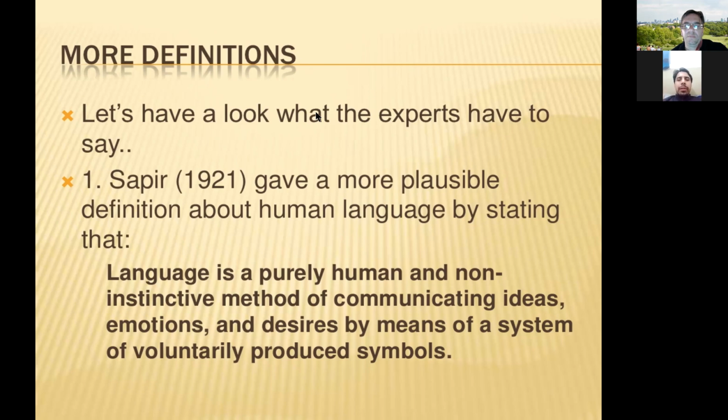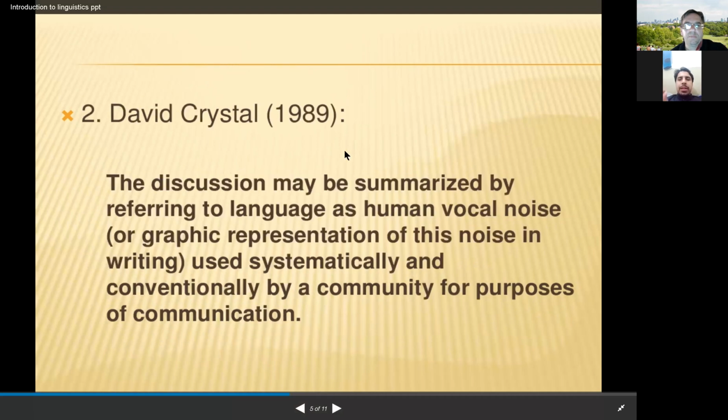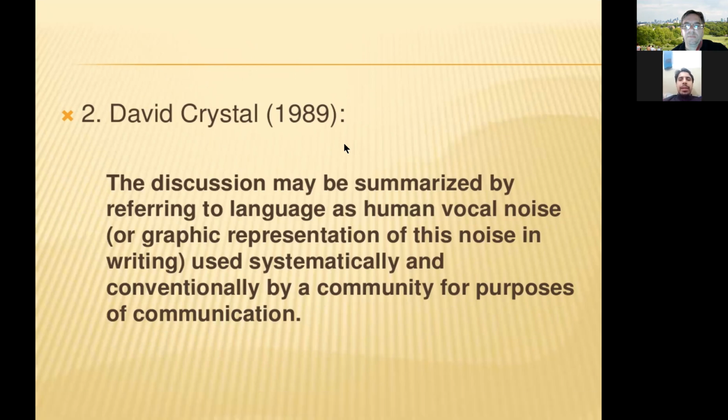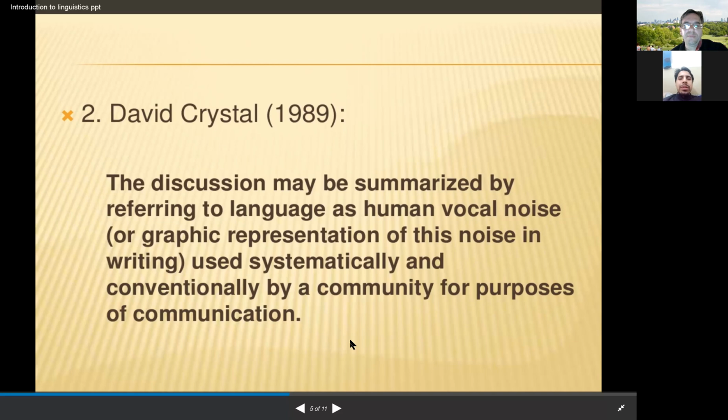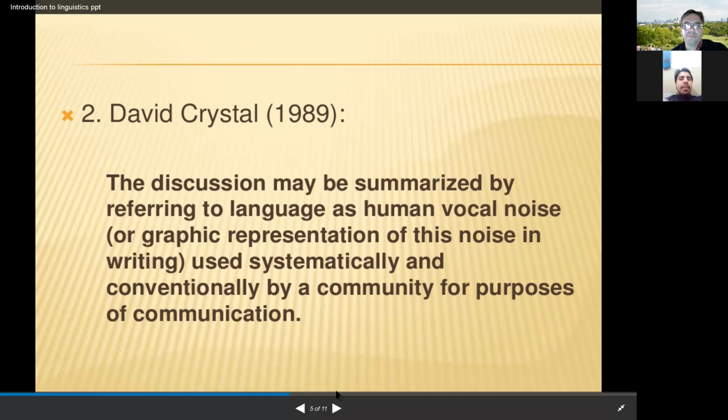The second one is the definition given in 1921. Then we have David Crystal. According to him, language may be summarized as human vocal noise or graphic representation of this noise and writing used systematically and conventionally by a community for purposes of communication.